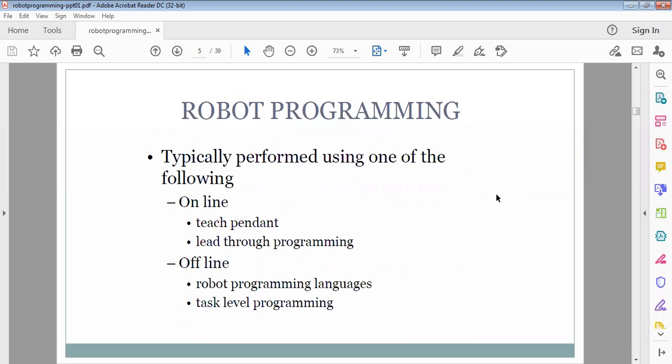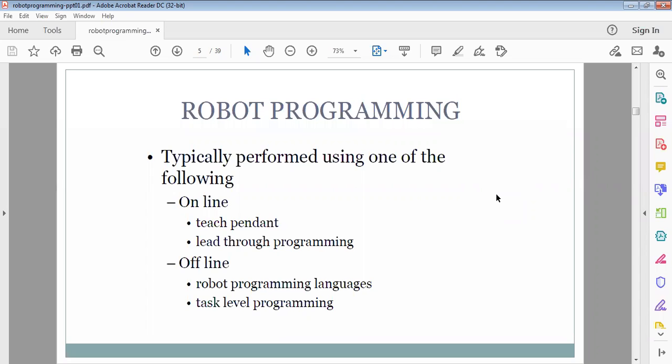Next, robot programming. Typically there are two methods, which are performed in either online or offline mode.